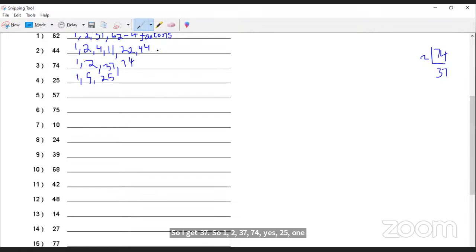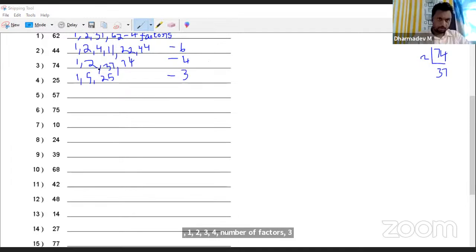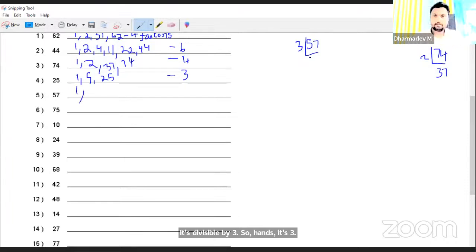So the number of factors is 6 for 74, and 3 for 25. Number of factors for 57: it's divisible by 3, so 1 is already there, and 3, and that's for 29. So that is 1, 3, 19, 57.